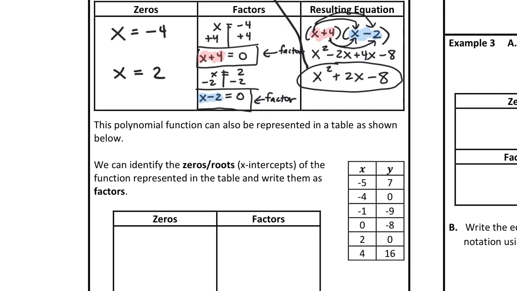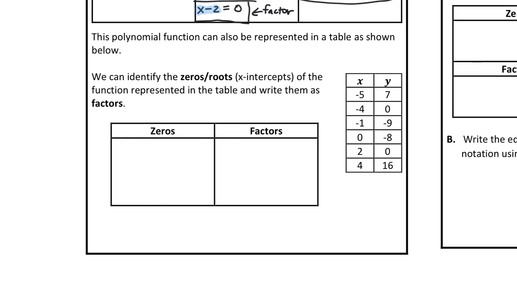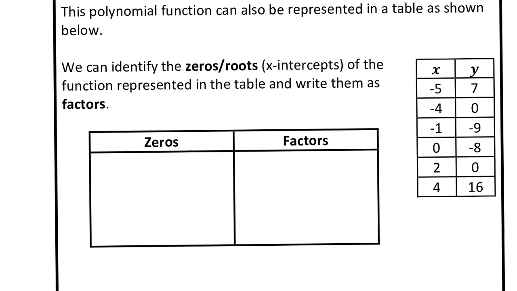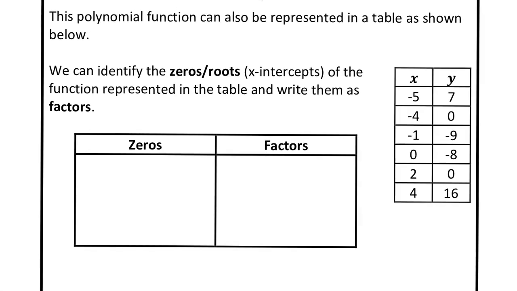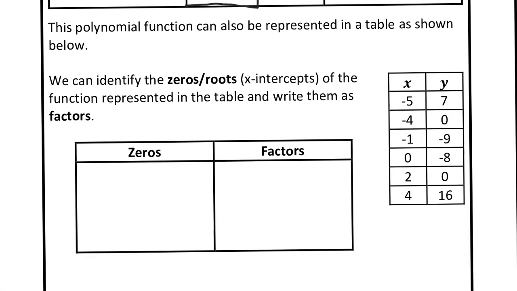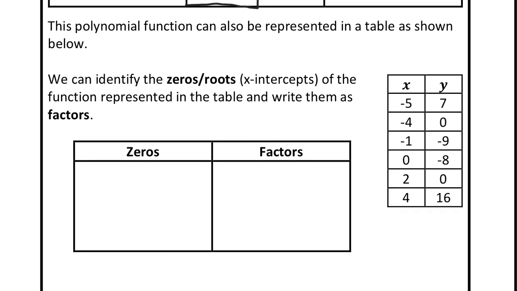Right, and so the next part we're going to look at is the following. Okay. So the next part says, this polynomial function can also be represented in the table as shown below. So this is a table. We can identify the x-intercepts of the function represented in the table and write them as factors. So this is another way of looking at it.